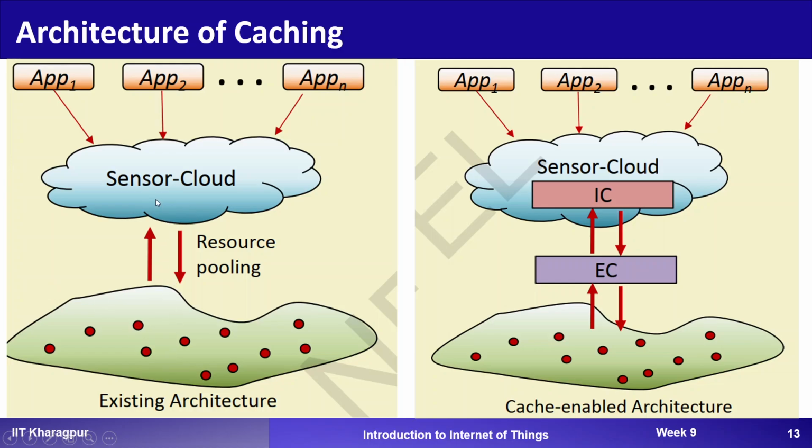So in this case, there is wastage of resources, because every time bandwidth is required in order to fetch the data from a large distance, that is from your sensors. However, in case of your cache enabled architecture, we only need to fetch the data either from your internal cache or external cache. So bandwidth utilization will be less, right? In this way, your internal and external cache will prevent the wastage of your resources.